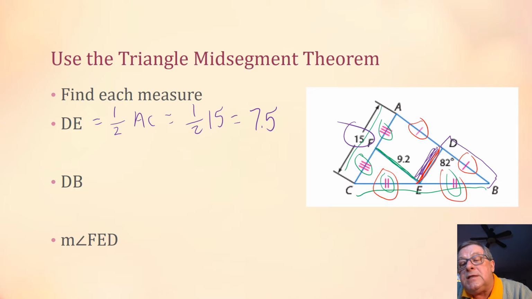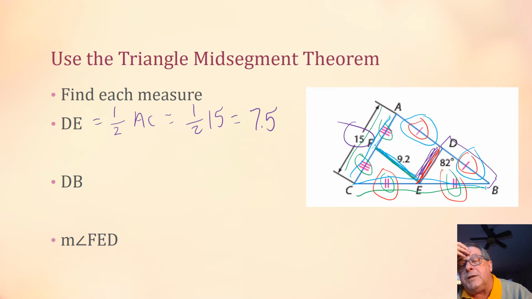Because I see here that FE is a midsegment between AC and CB, which means that FE must be half as long as AB, and here we see that these two segments are congruent.